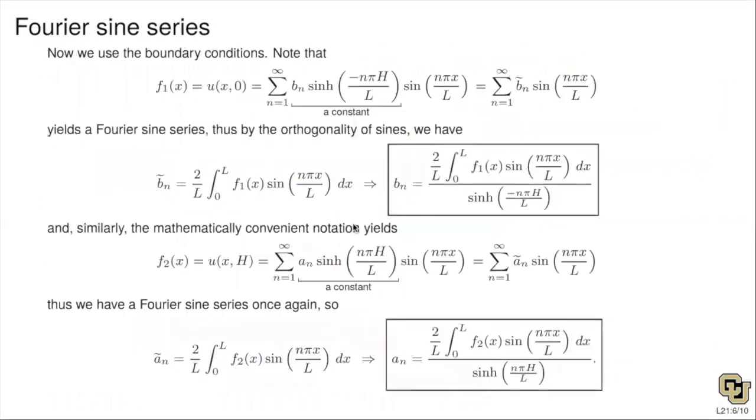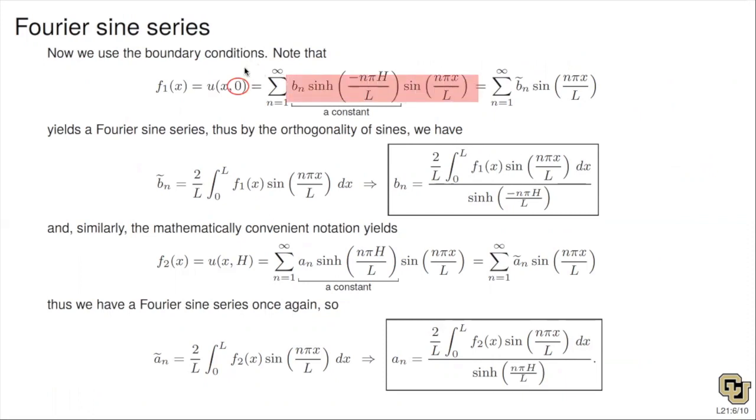So now, the whole reason we did all these manipulations with the hyperbolic functions is that when you let y equal 0, the a sub n term disappears. Only this b sub n second term survives.